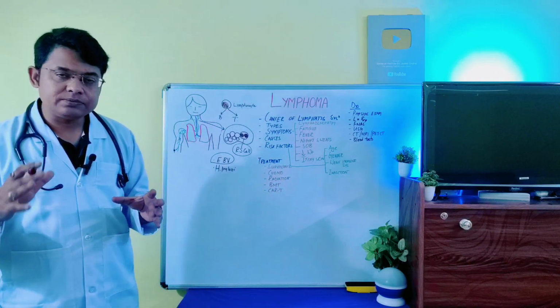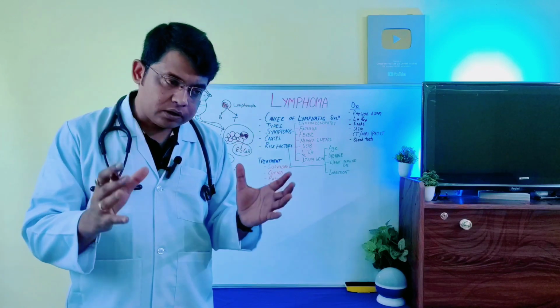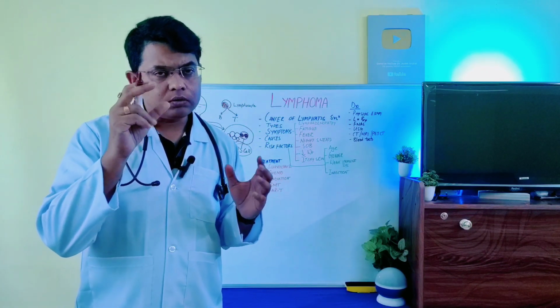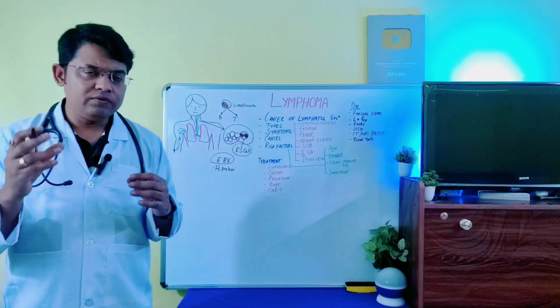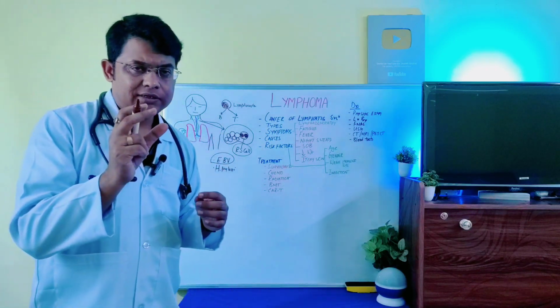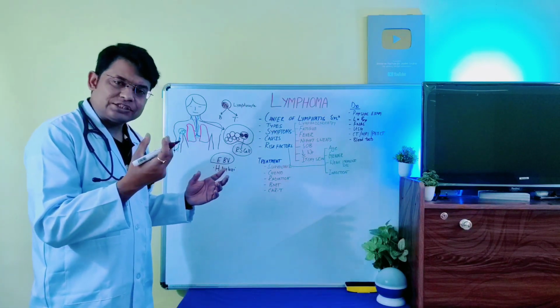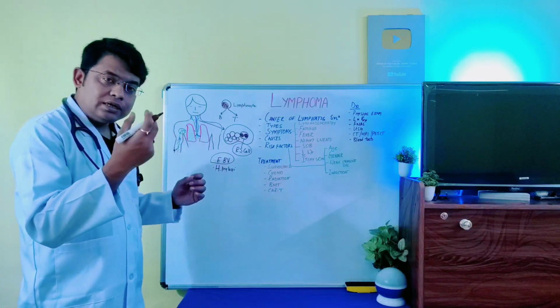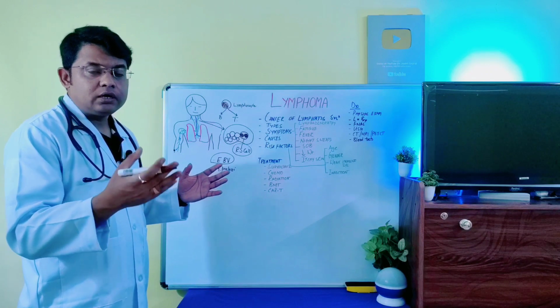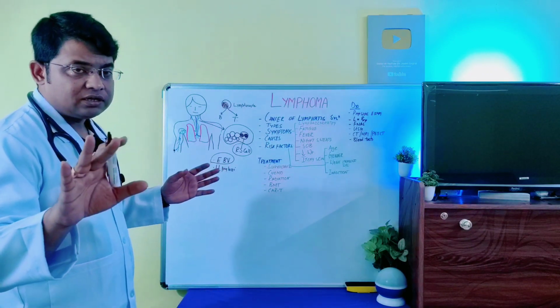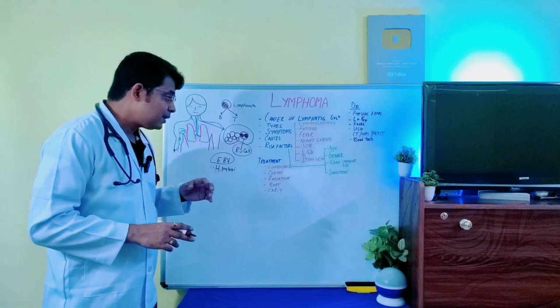What does it mean? If someone has multiple enlarged lymph nodes, then one or more lymph nodes are selected and taken out by surgical dissection, and those lymph nodes are subjected to histopathological examinations and some additional investigations in some cases.